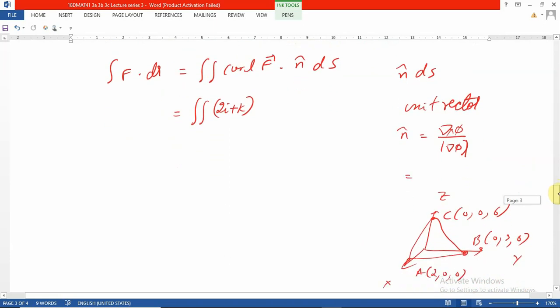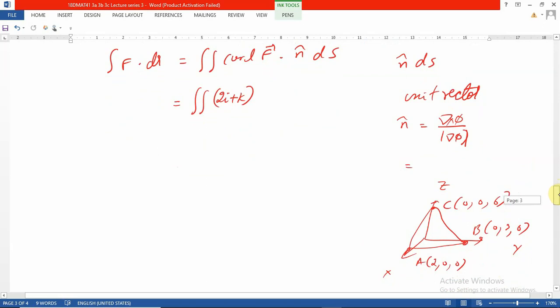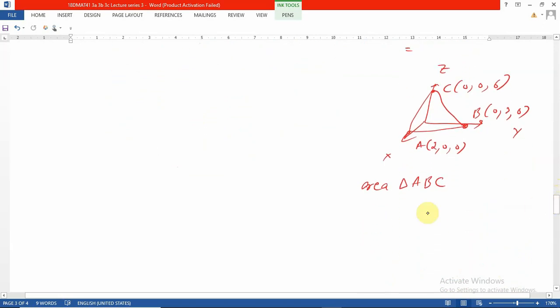So therefore, n cap I'm going to simplify in this way. n cap is a normal, therefore with respect to the x-axis, x is 2, with respect to the y-axis, y is 3, with respect to z it is 6.